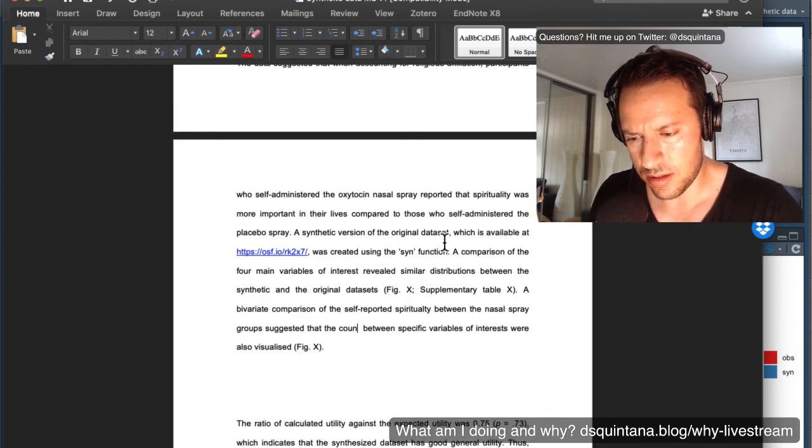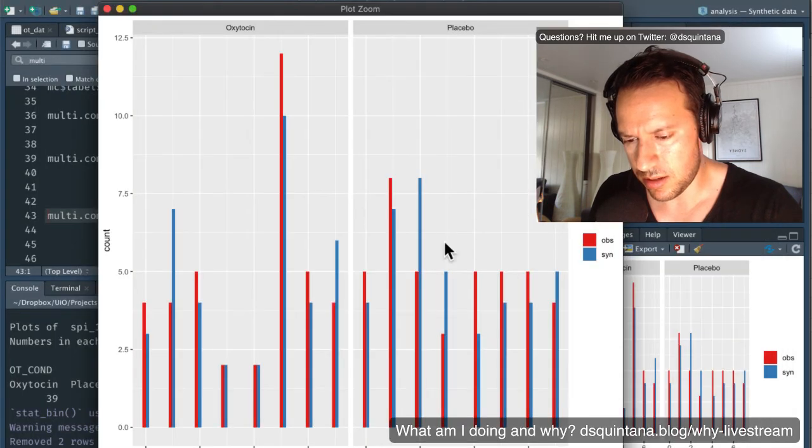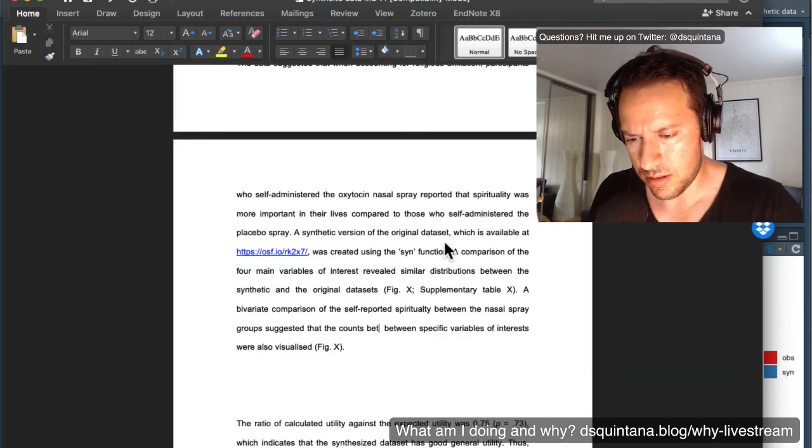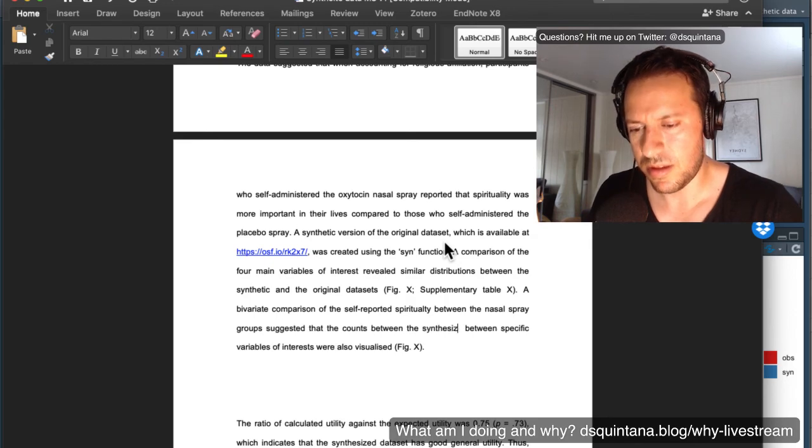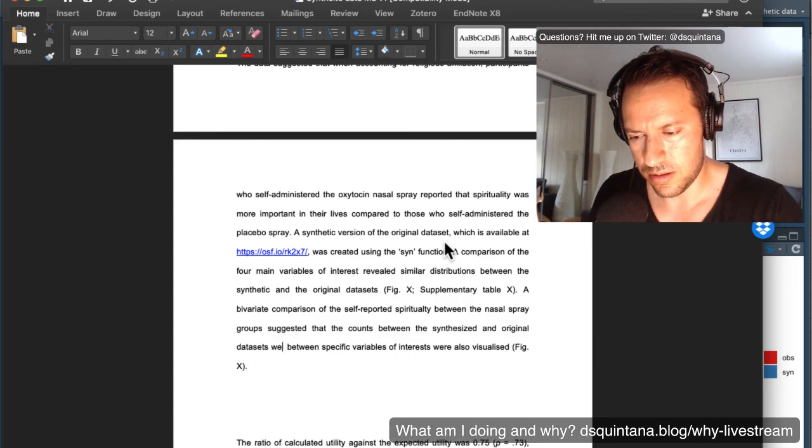Suggested that the counts between synthesized and original datasets. Similar.